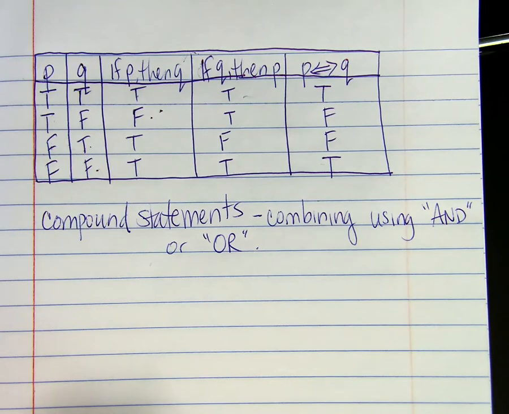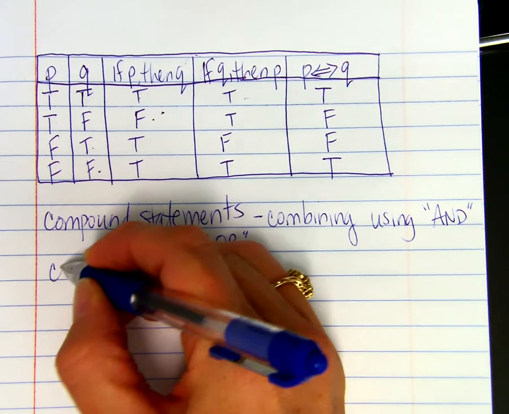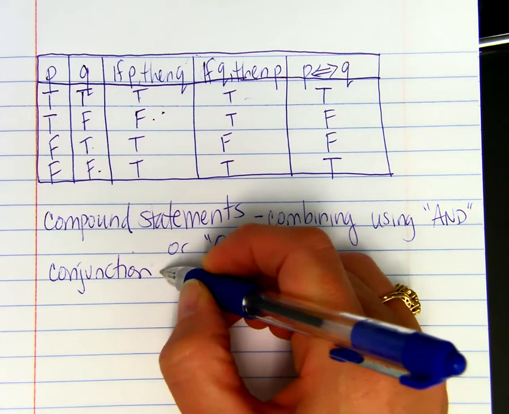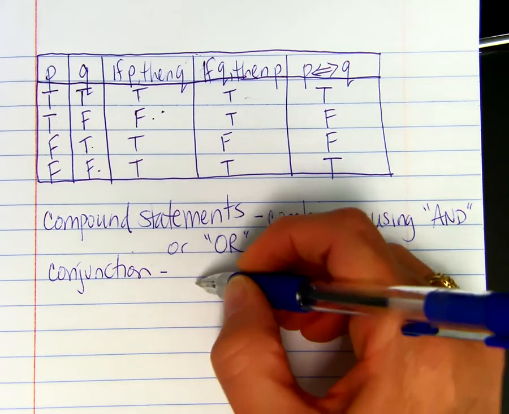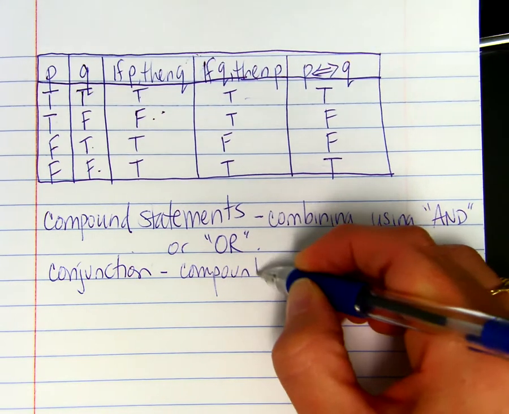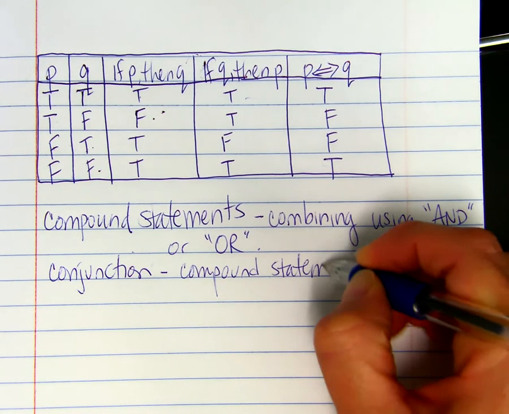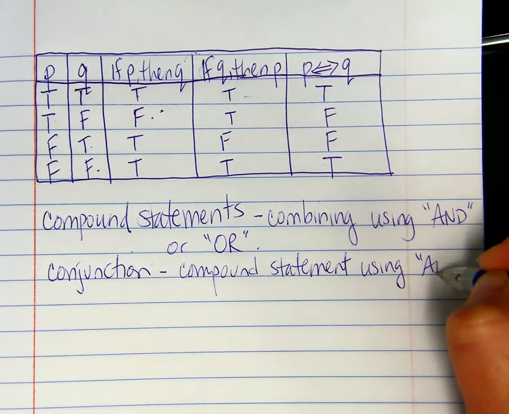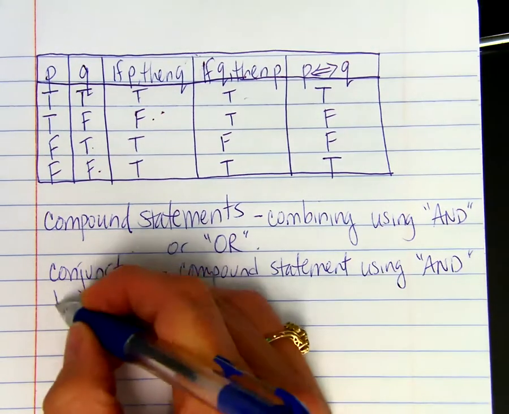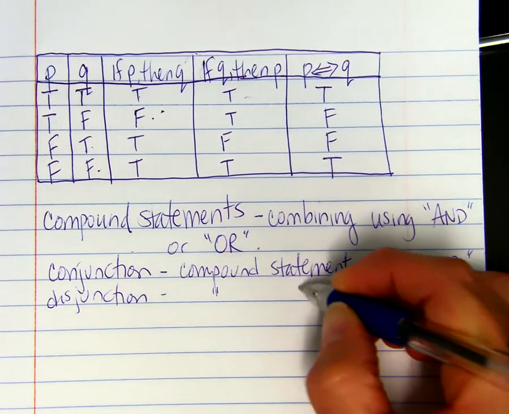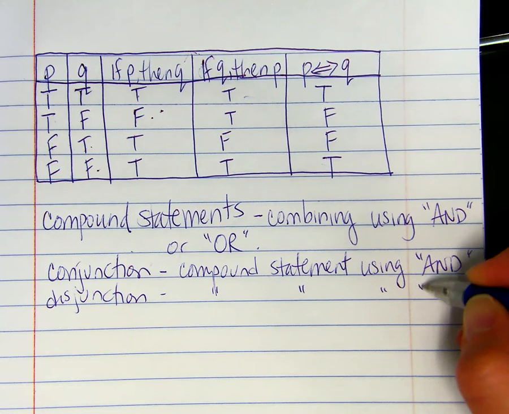A conjunction uses the word and, so it's a compound statement using and. And then a disjunction is the one that uses or.